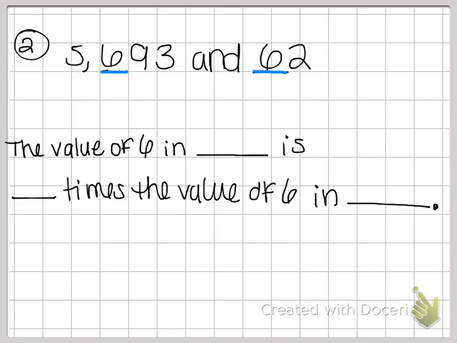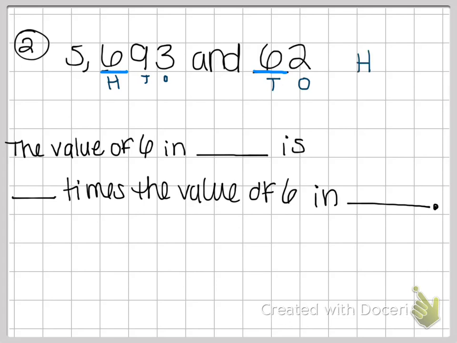Let's try another problem. We're going to compare the values of the underlined digits in these numbers, 5,693 and 62. So again, we have our ones, tens, hundreds. That 6 is in the hundreds, and ones, tens, and the 6 in 62 is in the tens place.